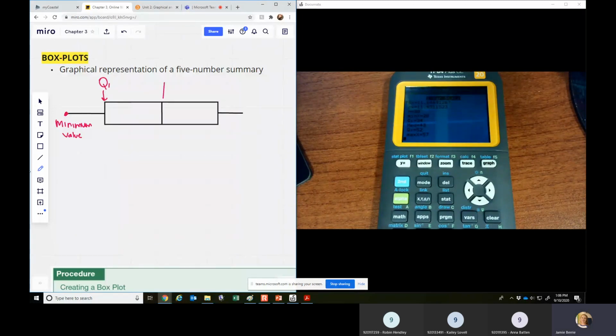The middle line is your median, also known as the second quartile. This third line, the end of the box, is the third quartile. And then at the very end down here, we have the maximum value.